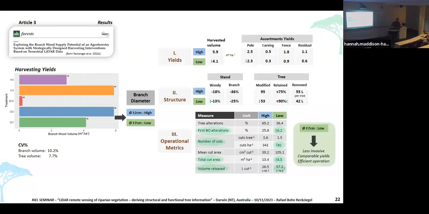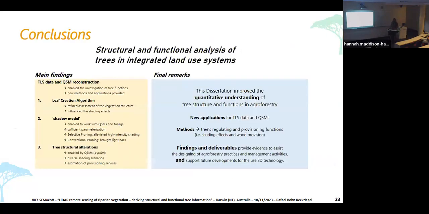That way we can judge how much is going to be produced, how much would remain on the field as a vegetative structure, and how much it would imply in operational efforts to get rid of that.